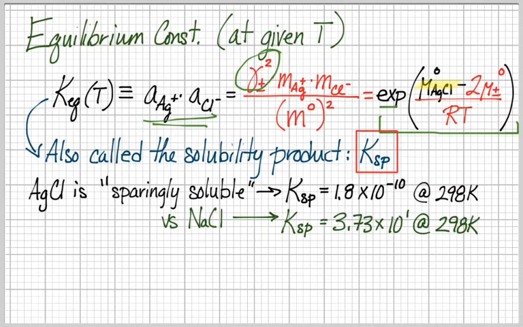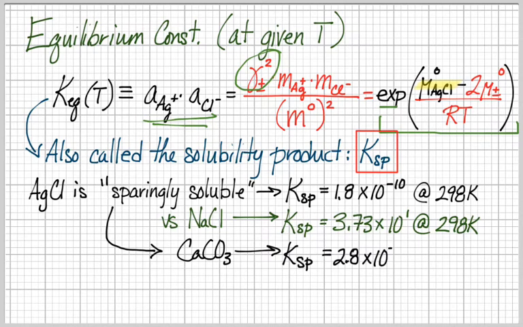Now, I want to go in between those values because those are your two extremes, a sparingly soluble salt and a highly soluble salt such as sodium chloride. So let's imagine that we want to think about environmental waters. These would be the types of waters where I have underground water running through limestone, running through dolomite, calcite. Calcium carbonate is your standard calcite chemical composition.